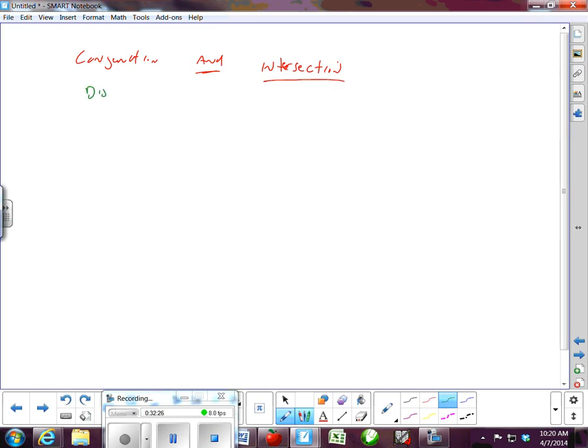The intersection symbol is like that. A disjunction is joined by the word or, where the solution is the union of the two inequalities, and the union symbol is like that. And remember, the symbol can replace the word and, or the word or, to tell you that it's a conjunction or a disjunction.